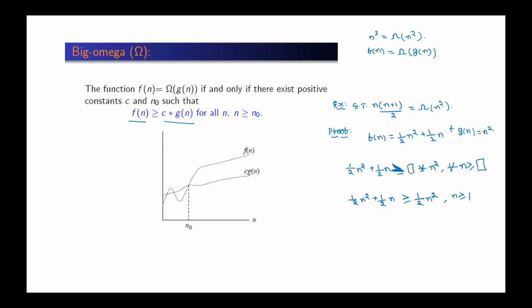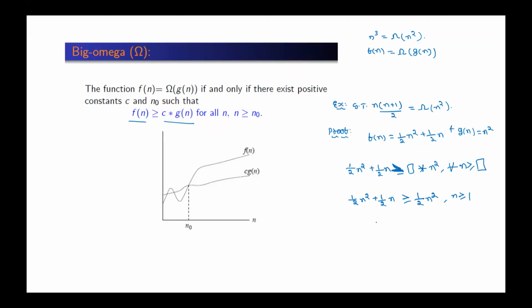Our intention should not be any small constant. This analysis itself is for n tends to infinity. Is this correct? Yes, sir. It's always true.